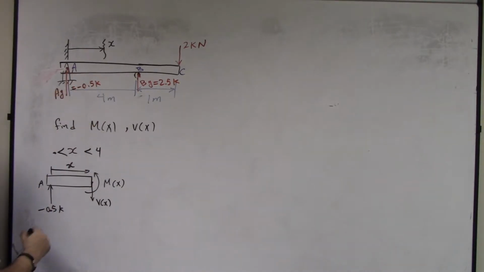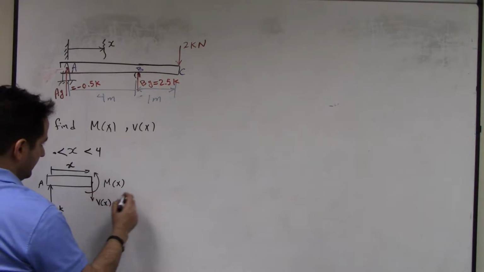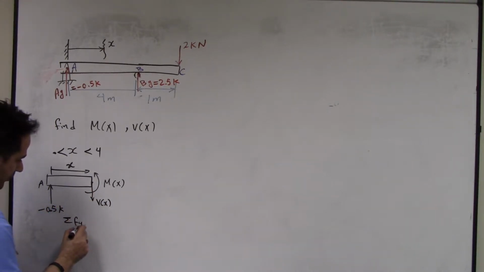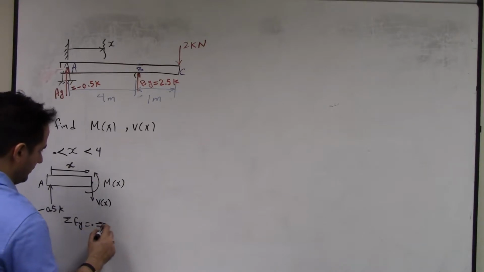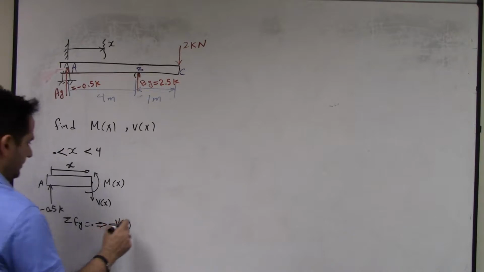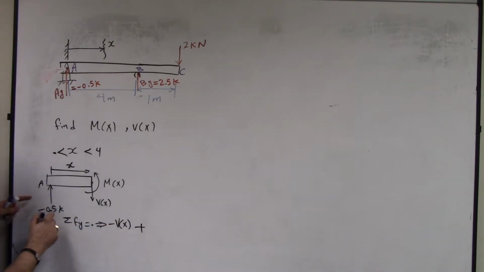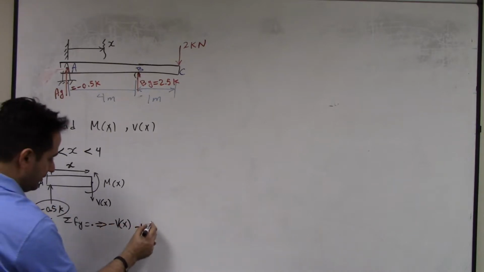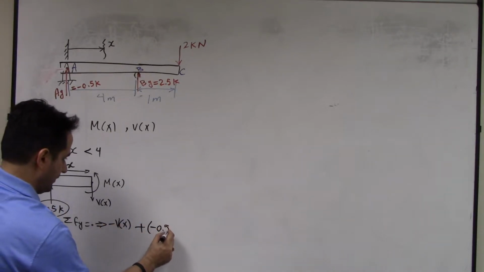And then come back to this point. Right? So here you can say summation of force in Y is 0, that will give you negative Vx, plus whatever this value is, because it's upward, plus. But this value is negative 0.5K.